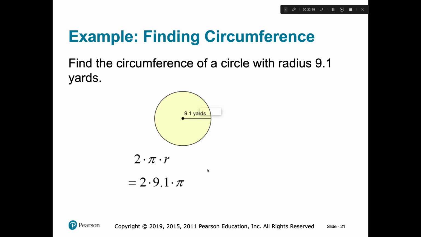So 18.2 pi would be our exact answer. Then we substitute in 3.14. And we end up with 57.148 yards.